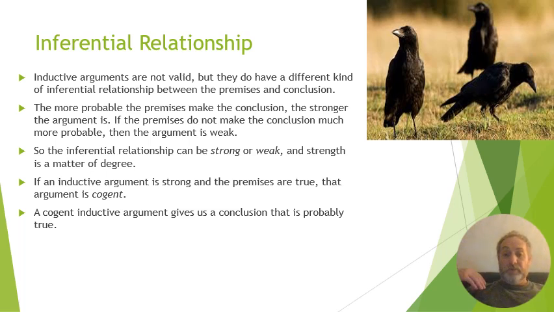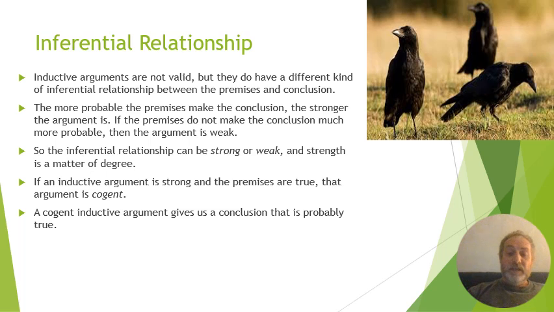If we have a strong inferential relationship and the premises are true, we call that cogent. Remember, just like with deductive arguments, if we had a valid argument and the premises were true, we called it sound. Well, with inductive, a strong argument plus true premises equals cogent.